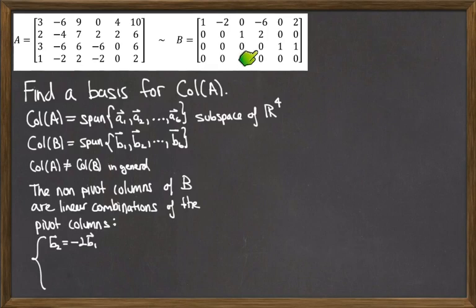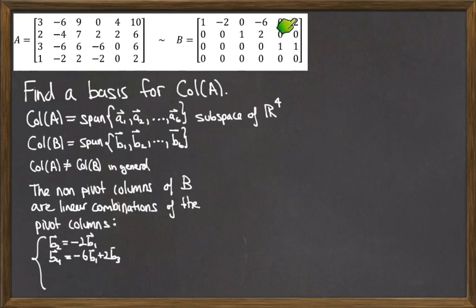I then look at the next non-pivot column. That's this one with the -6 and the 2. I have 2 non-zero entries, but they occur in spots where pivots occur in other columns. So -6 times the first one plus 2 times the second one should give me this fourth column. So B4 is -6 B1 plus 2 times B3.